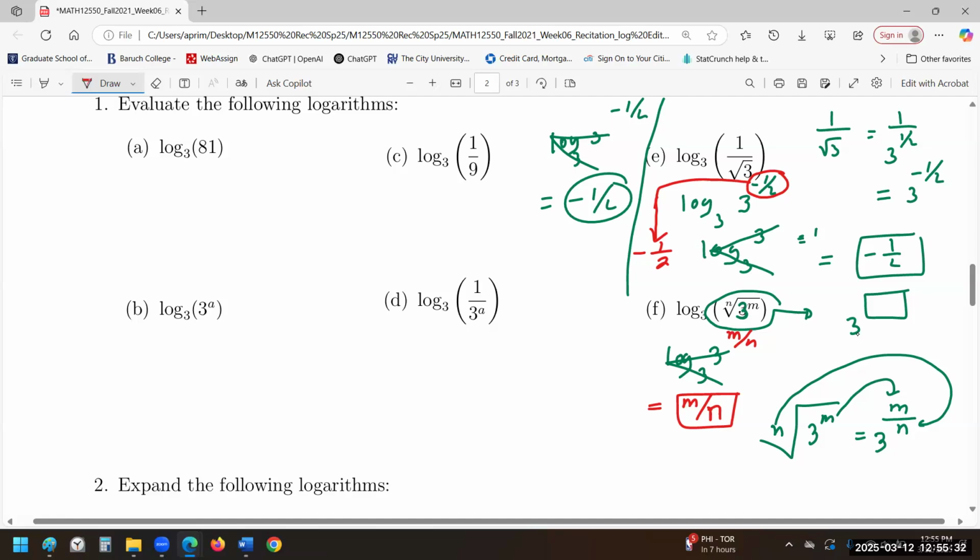And C and D, they follow the same rule. We have 1 over 9. Definitely we don't need a 9. We want 3 instead of 9. So can we rewrite 9 as 3 to some power? What number? 2. So in the argument we have 1 over 3 squared. But that doesn't help us because we want 3 as a base, not in the denominator.